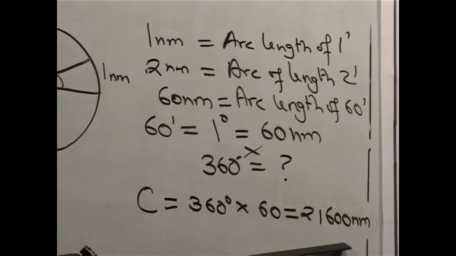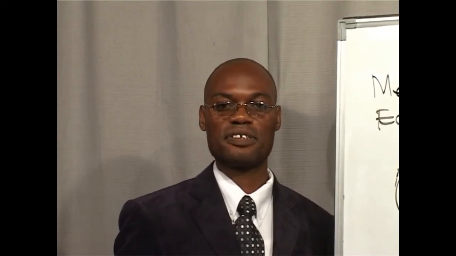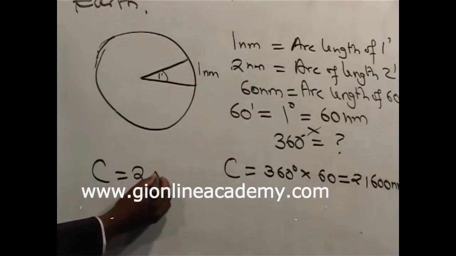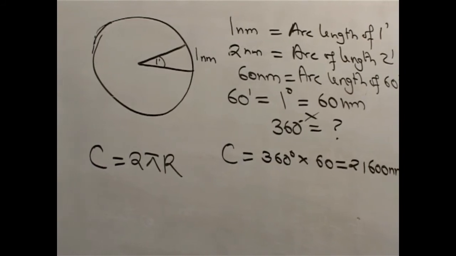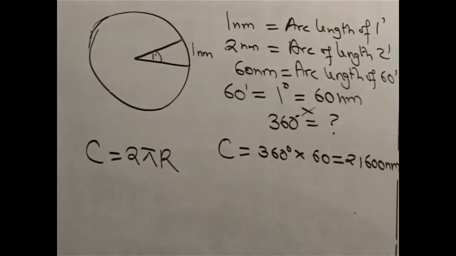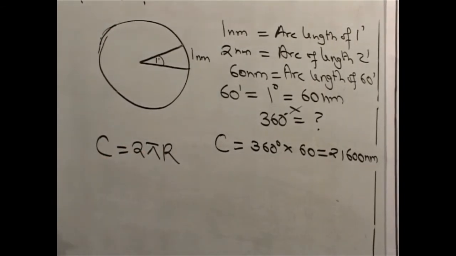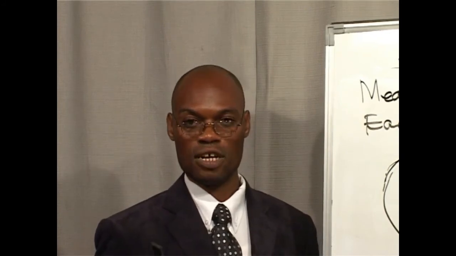So we are getting the circumference of the Earth being 21,600 nautical miles. But remember, from the mensuration and from the circumference of a circle, the formula for that is C equals 2 pi r. We are using the capital R because it's a great circle, so we are using a capital R. So we can find now the radius of the Earth in nautical miles.